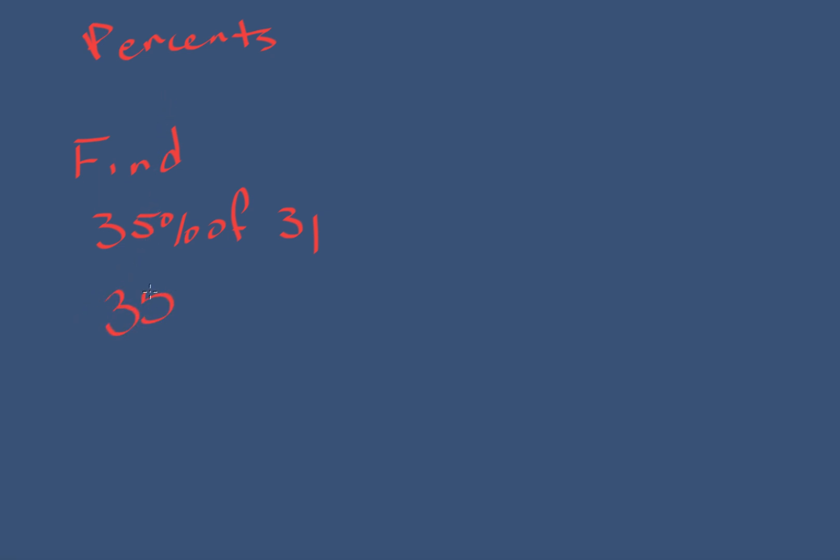We write 35, and we take the decimal point back here and move it up 2 spaces. So it's 0.35. Of means multiplication, 31.